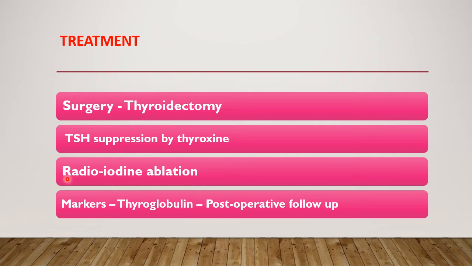And the third one that is commonly used and is becoming increasingly used is radioiodine ablation of the thyroid, and this is mainly used for recurrence of thyroid cancers. In this respect, the serum marker thyroglobulin is a very important aspect of follow-up of the patients after the operation. Any increase in thyroglobulin level may be an indication of recurrence of thyroid cancers.